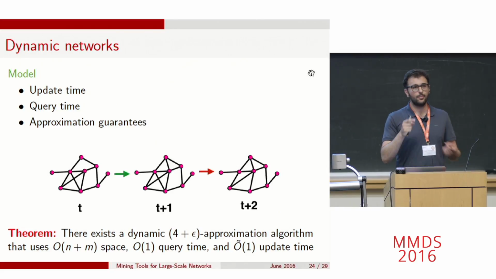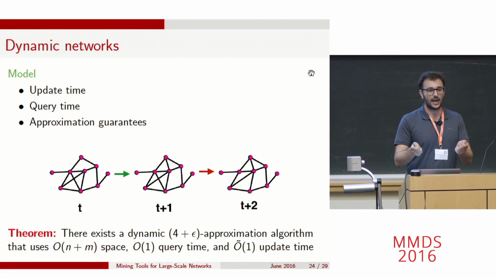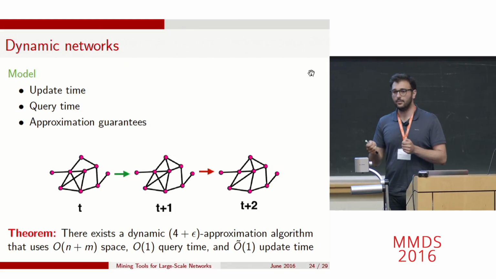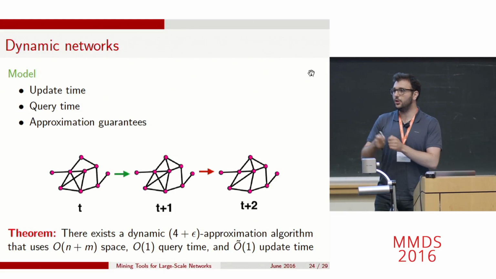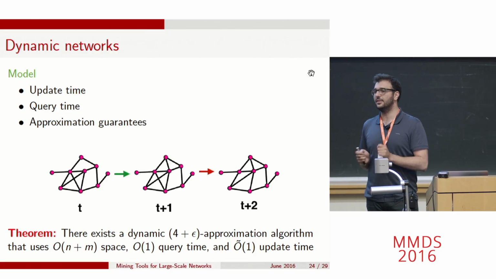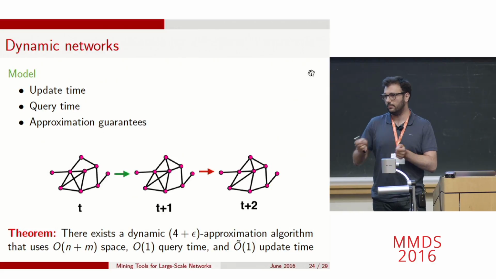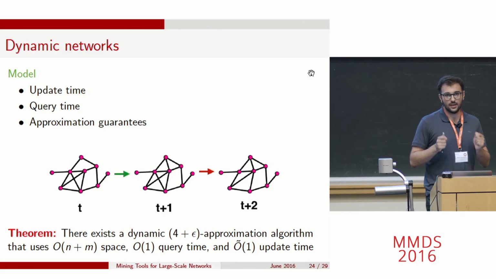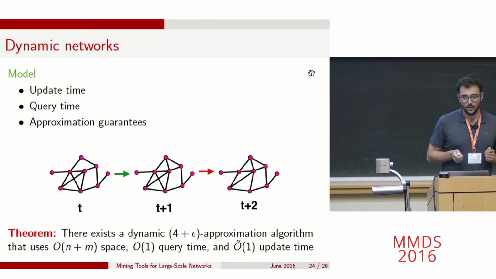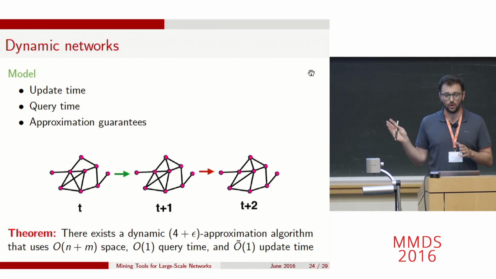But the model cares about the update time. That is the amount of time you need to spend to update your data structures. You care about query time. So at any point in time, the user may ask you, give me the optimal density. And you want to be able to answer this query really fast. And it cares about approximation guarantees. So for the densest subgraph problem, no result was known before our paper.